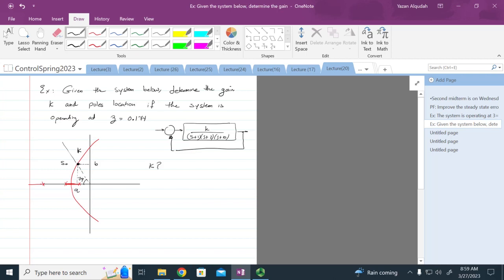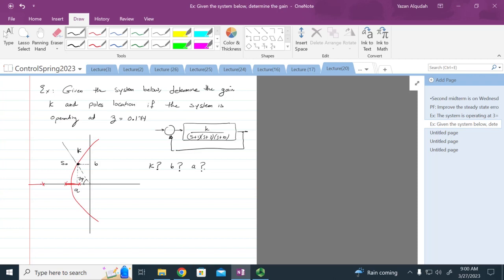K is unknown, B is unknown, and A is unknown. So I have 3 unknowns. How many equations do I need to solve for 3 unknowns? 3 equations. What is the first equation that I can see on the board here that will help me reduce the unknowns to 2 unknowns?